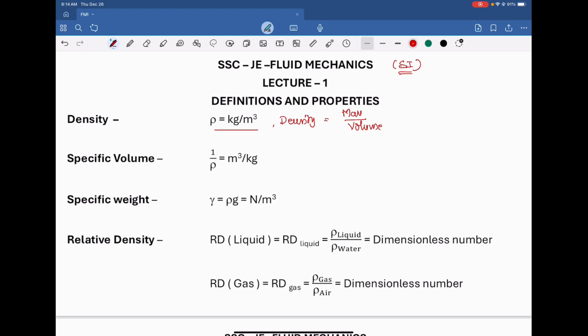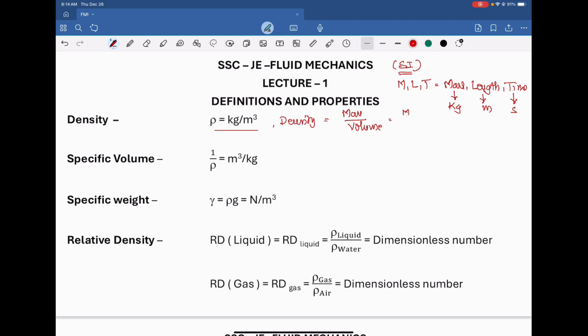And there are dimensions; the main ones will be MLT quantities. M is mass, L is length, T is time. Mass is in kg, length is in meter, time is in seconds, the standard units of SI. Now density is mass by volume.